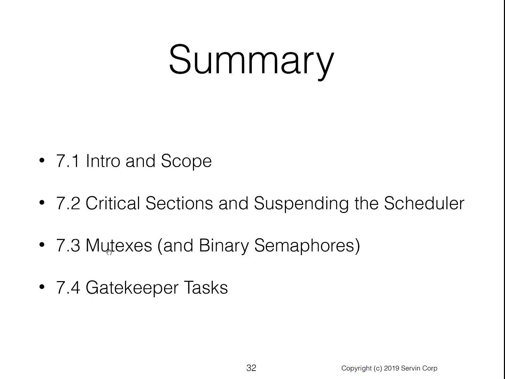We also saw using mutexes, which we saw were basically binary semaphores. And then we also looked at using a gatekeeper task, where the task surrounds the resource, and anyone that wants to use that resource will do so by sending things into a queue.